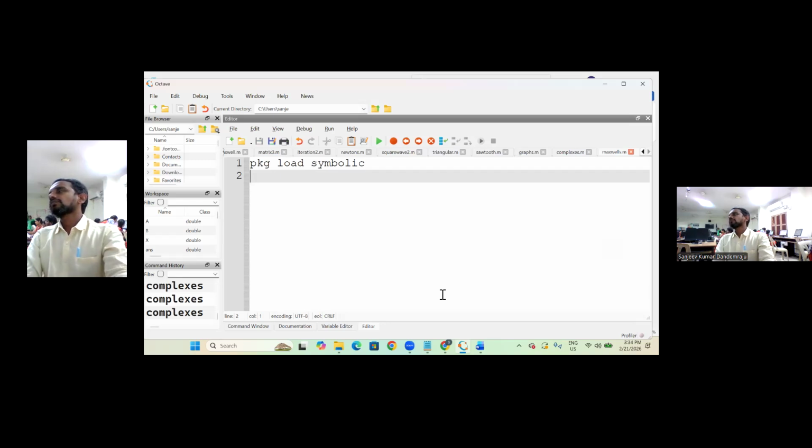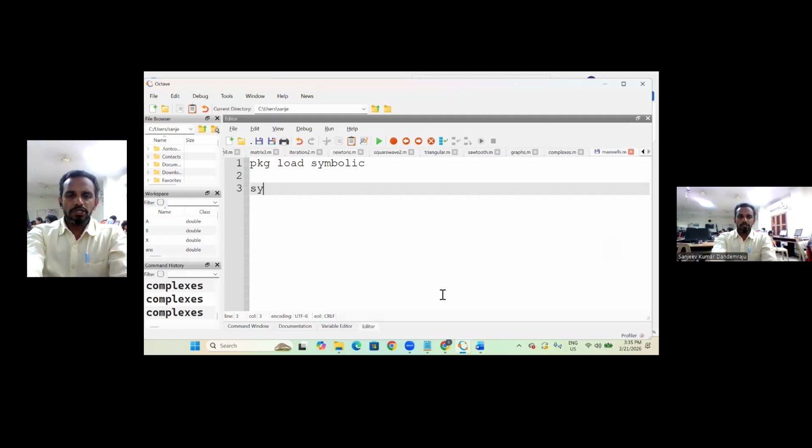The function is pkg load symbolic, and then syms. We should not use commas here: x, y, z, t, k, omega, and E naught.